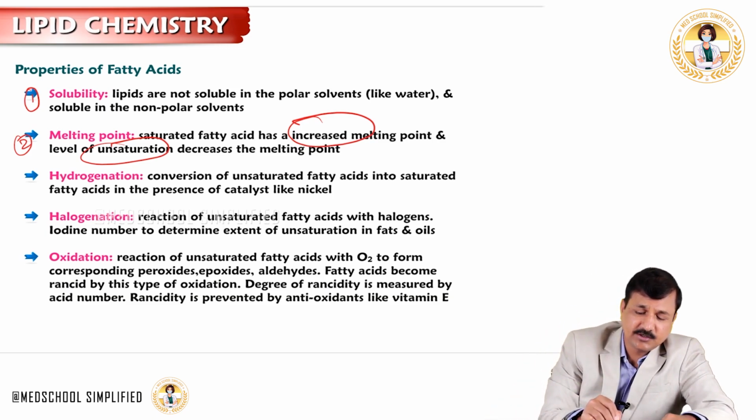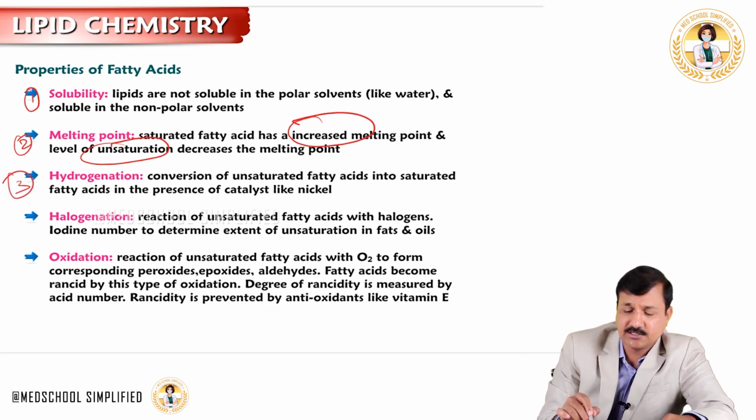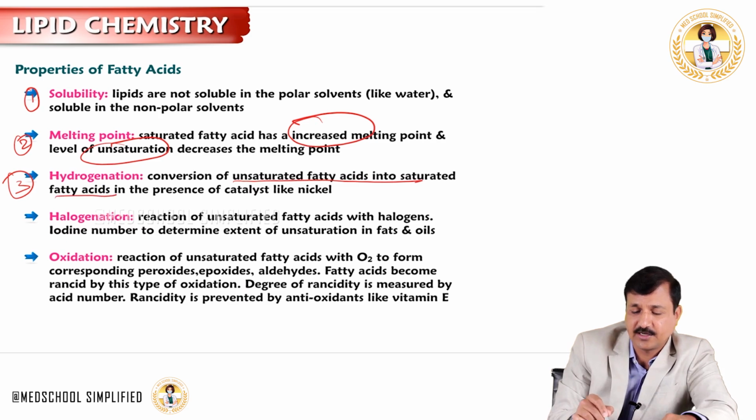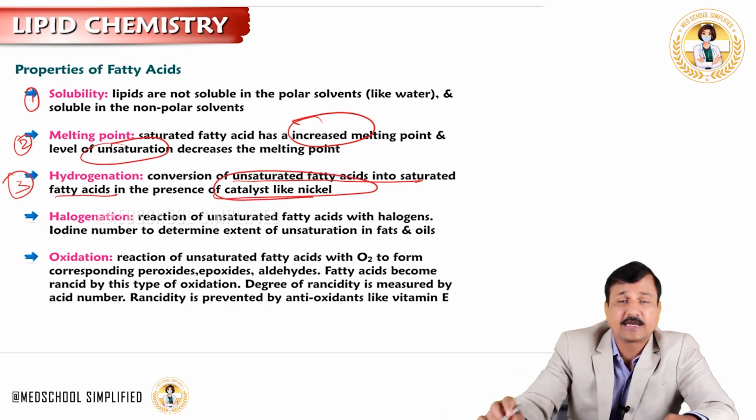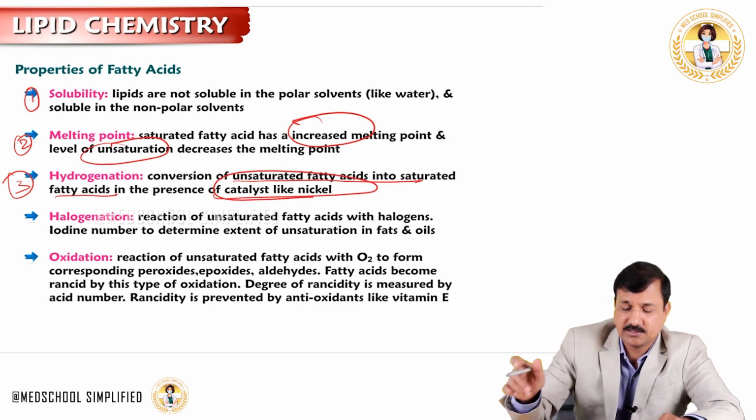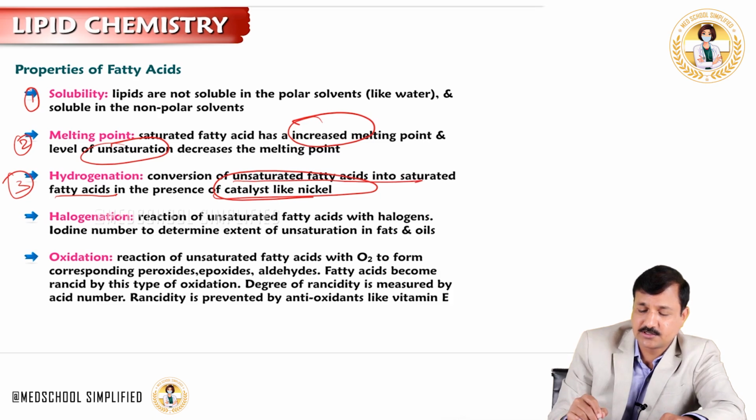Now coming to hydrogenation. Hydrogenation is the conversion of unsaturated fatty acids into saturated fatty acids in the presence of a catalyst like nickel. So basically it is a hardening of the fatty acid. Now halogenation is the reaction of unsaturated fatty acid with halogens like iodine.